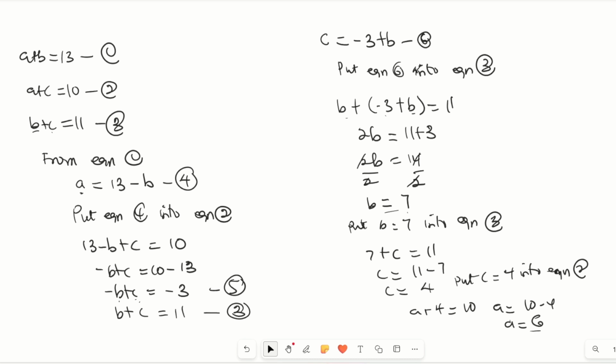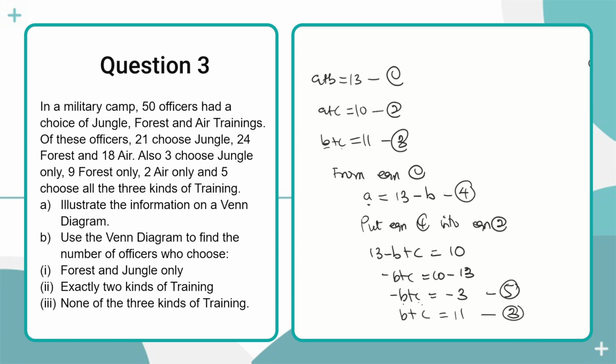The question says that we should find b. We are using the information to find the number of soldiers who like forest only.